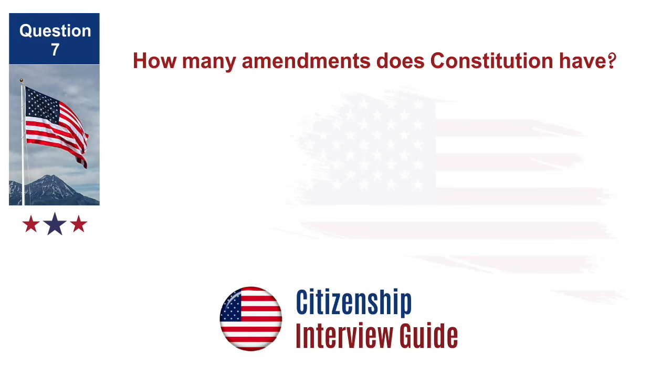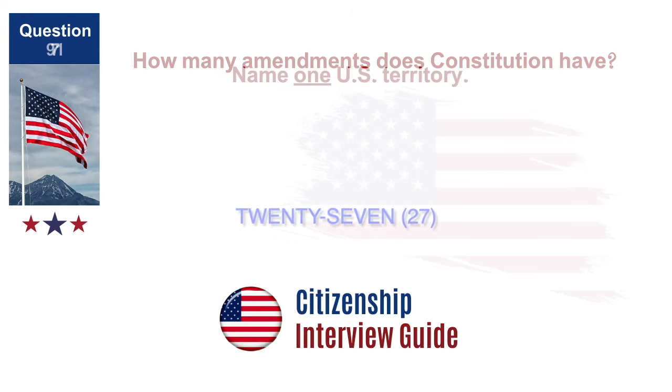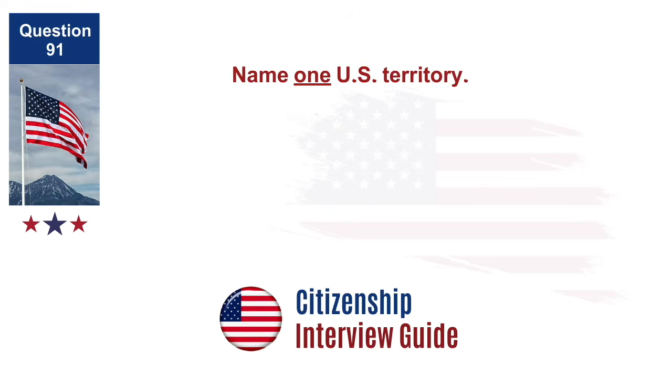How many amendments does the Constitution have? 27. Name one U.S. territory.